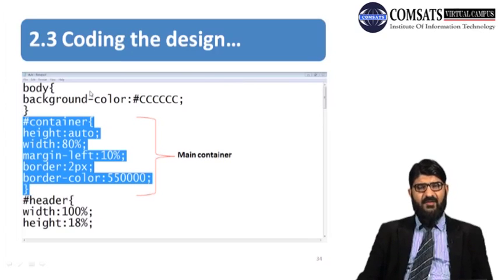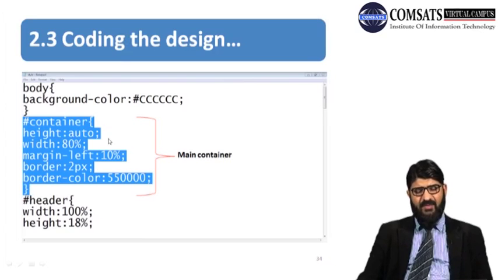Let's see the first main container code. So in the HTML body, the background color is mentioned with the color hash code, and then for the container code, that is main container, the relevant attributes are mentioned.